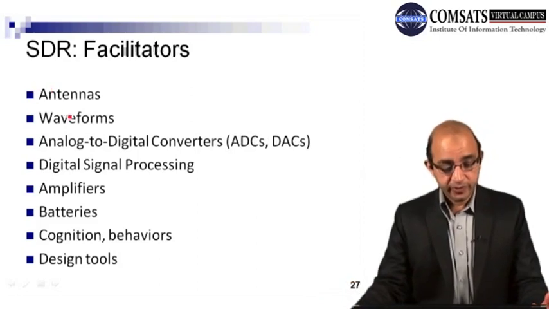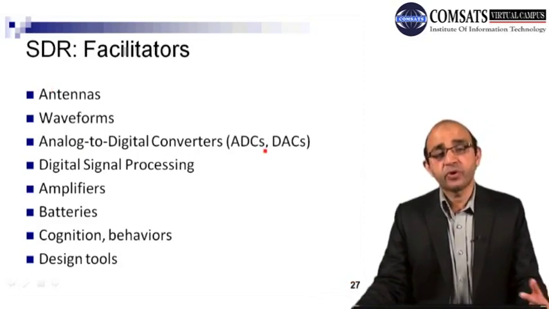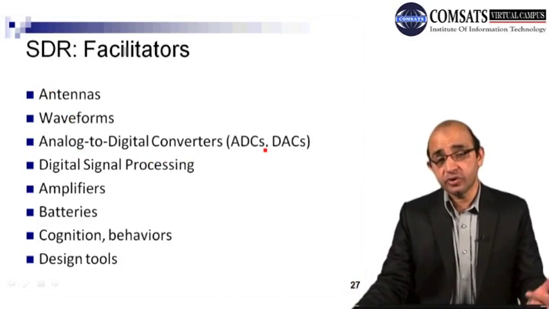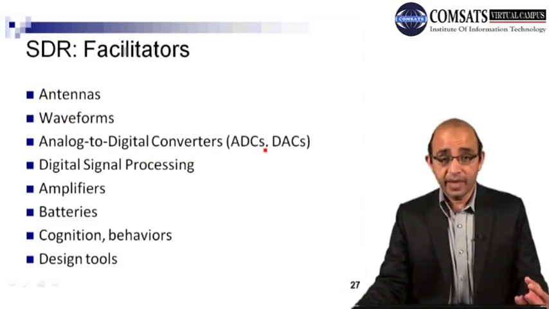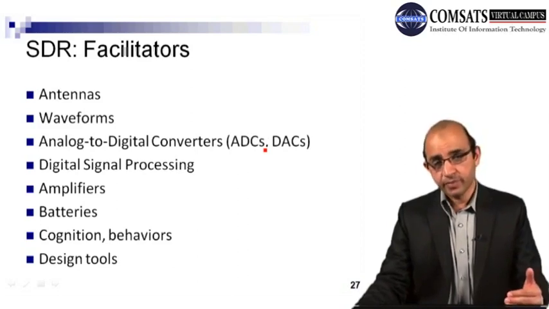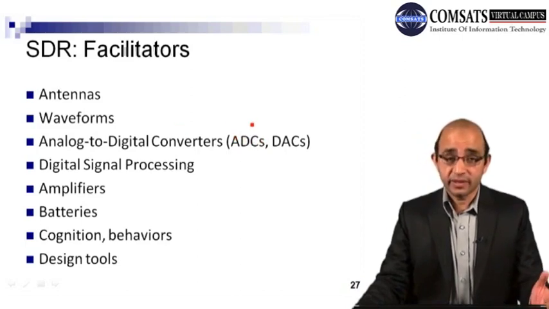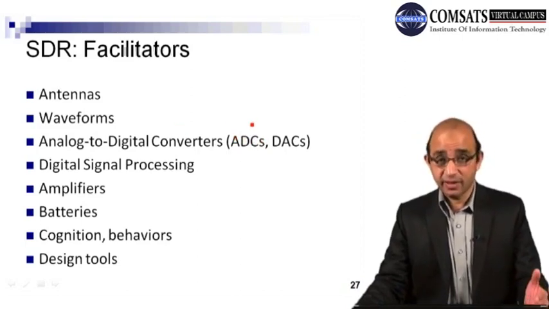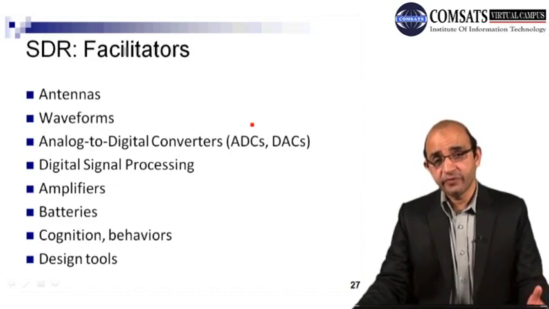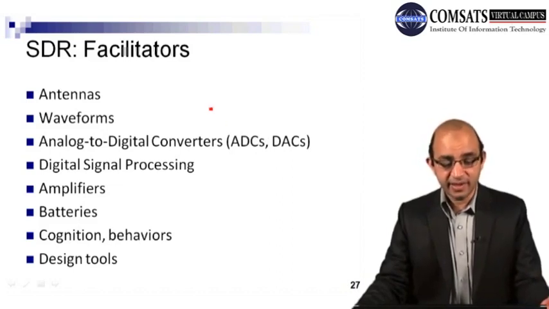Then waveforms, analog to digital converters. Of course we need high speed analog to digital and digital to analog converters. So actually that is the bottleneck when we compare the hardware-based DSP-specific chips with the underlying SDR technology.